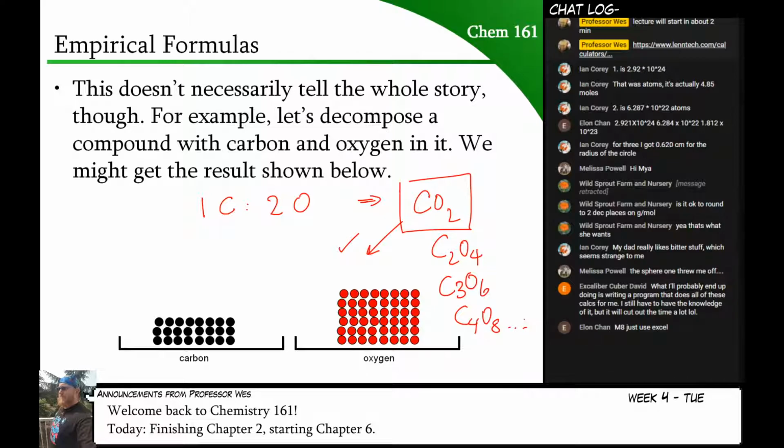So we can narrow down a family of the molecules because we would know that this is not the compound. We also know that this is not the compound because those would give a 1-to-1 and a 3-to-1 ratio, right? So the empirical formula is the simplest ratio that you observe here. And in this case, that ratio is 1-to-2.